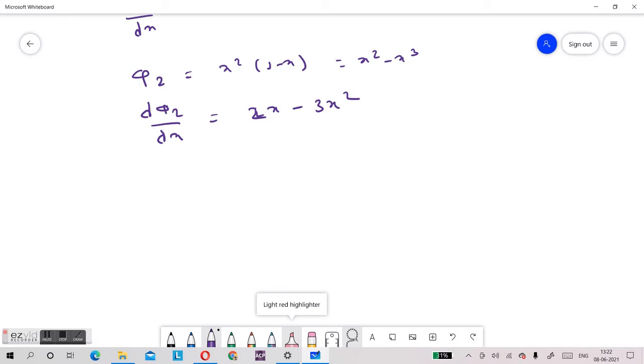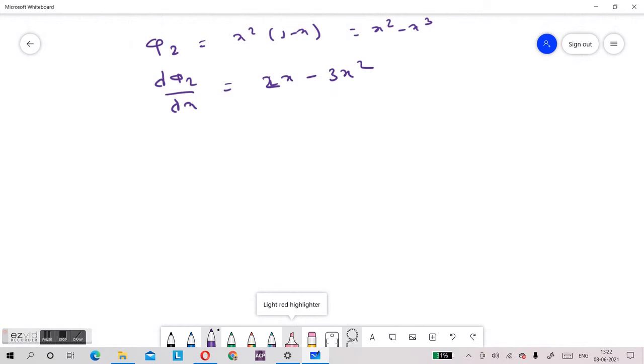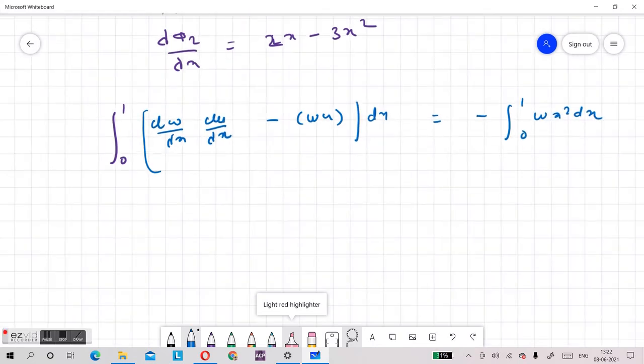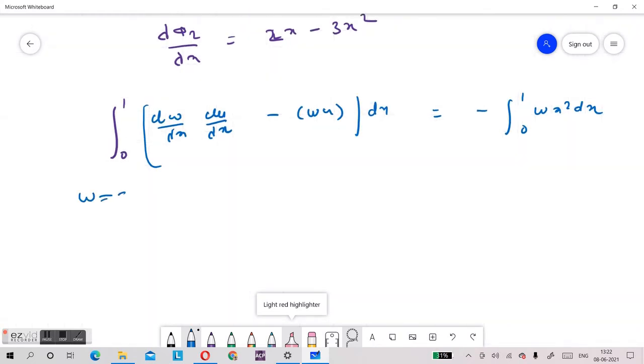So finally, what was our term? Our term was the integral from 0 to 1 of (dw over dx times du over dx minus wu) dx equals minus the integral from 0 to 1 of w x squared dx. So we put w equals phi i and u equals the sum over j equals 1 to n of cj phi j.